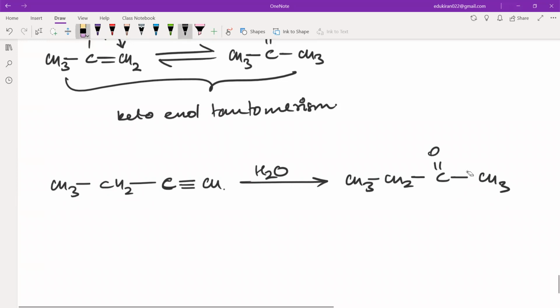So the less substituted carbon atom will be getting the carbonyl double bond O. That means less number of hydrogen atoms. The carbon which has less number of hydrogen atoms will be converted to ketone by the addition of water. Is this clear? Yes or no? Please tell me. Yes, sir. Okay, fine.